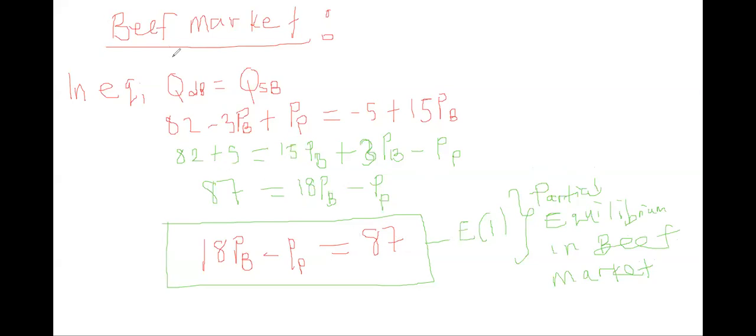So now that we have looked at the equilibrium in the beef market, we also have to look at the partial equilibrium in the pork market. So let's look at the pork market to calculate the partial equilibrium.